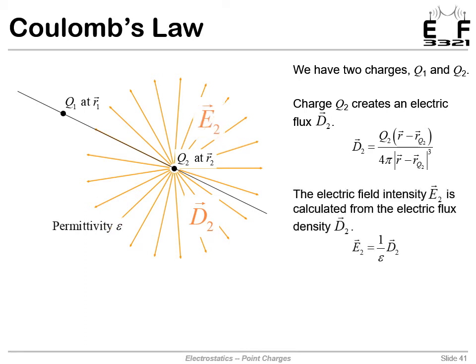From there, because we're interested in force, now we need the electric field intensity. So we have to consider the permittivity that this is in. So given the electric flux density due to that second charge, we divide by the permittivity, and that now gives us the electric field intensity around that charge.